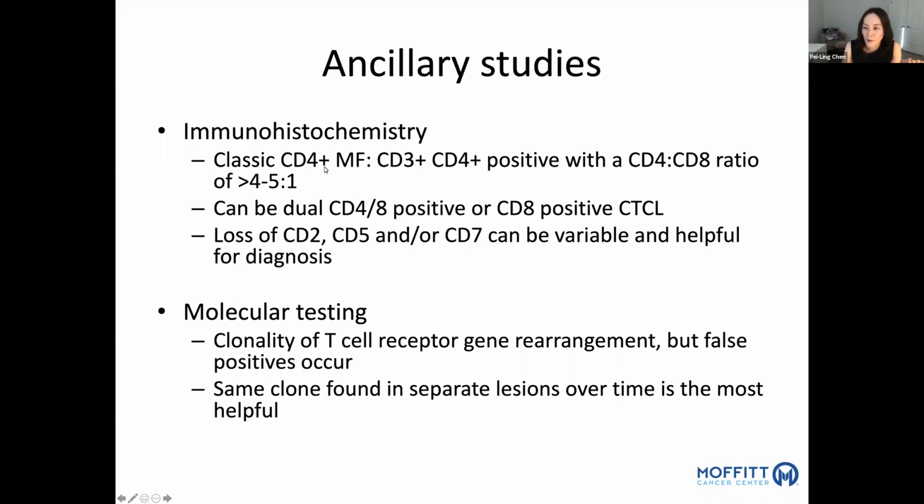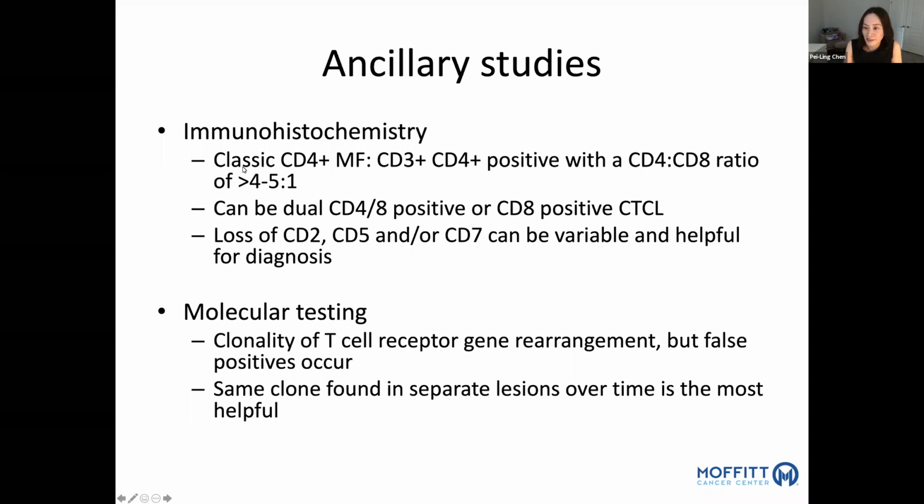So in a classic CD4 positive MF, I would see a CD3 positive malignant T cell, which is a T cell lineage marker, that is CD4 positive as well, but with a CD4 to CD8 ratio of greater than 4 to 5 to 1. So I want to see this ratio to be skewed, whereas a normal, non-malignant ratio is typically 1.5 to 2.5. This is not a hard and fast rule, but for a perfectly fitting MF case, I do like to see a skewed ratio.